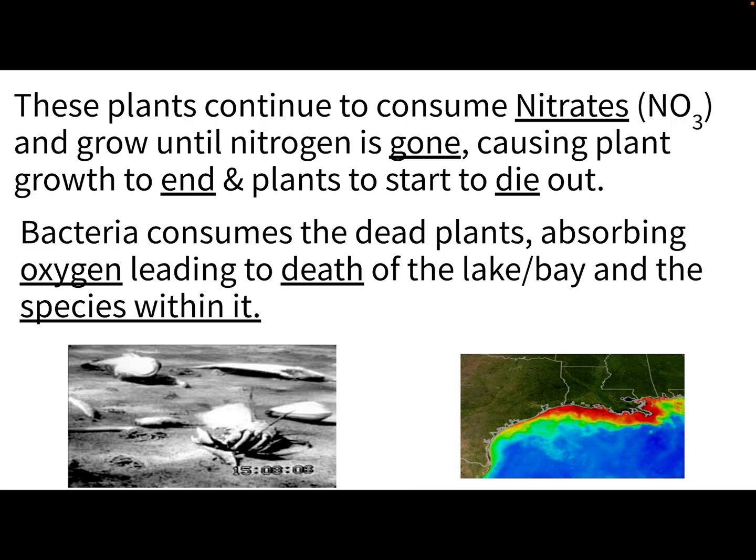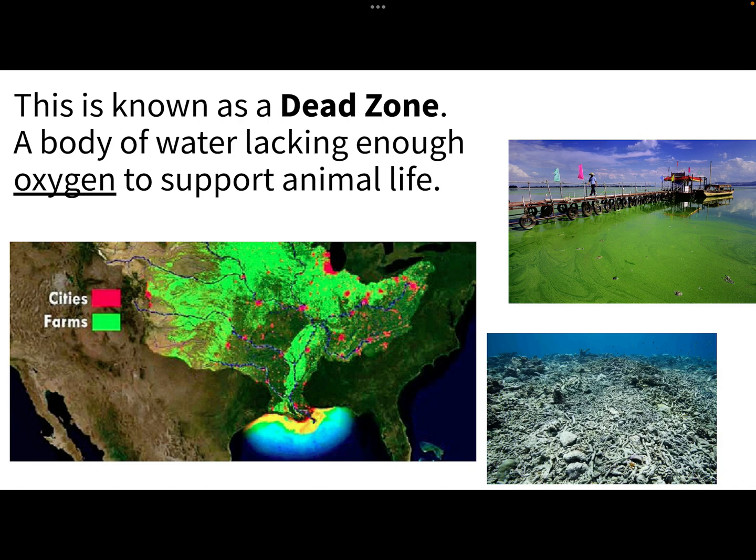If there's no more oxygen in the water, we can't have fish there. We can't have small little crustaceans there because they need oxygen to breathe. So that leads to what we call a dead zone. So this dead zone is a body of water that lacks enough oxygen to support animal and even plant life as well.